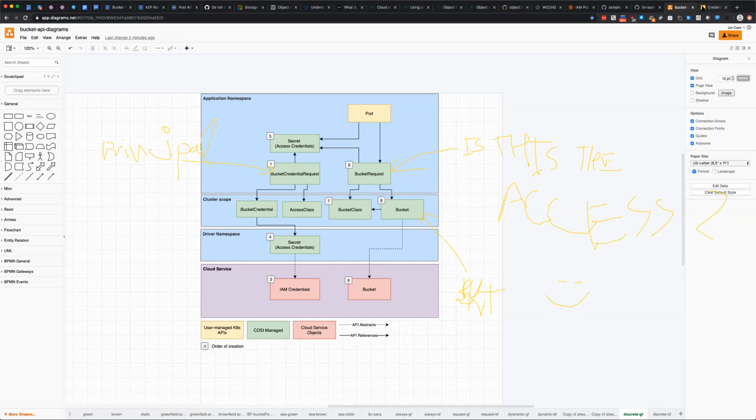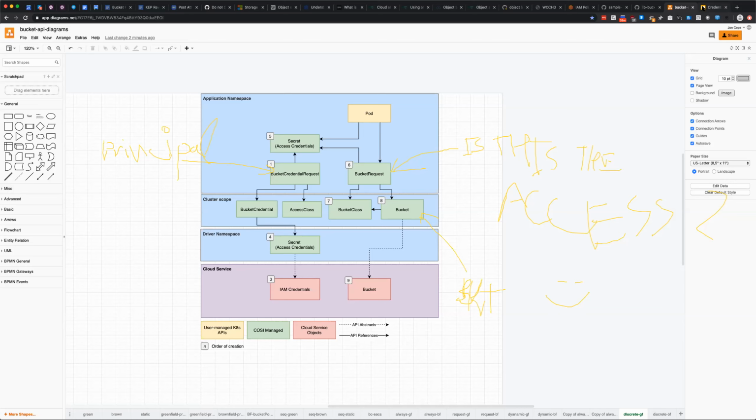So it strikes me there's two different problems here, and I don't know if you're trying to put them in the same abstraction. One problem is, what buckets am I allowed to know about? The next problem is, what buckets can my application access? So application access to a bucket requires something in the cloud service to enable.